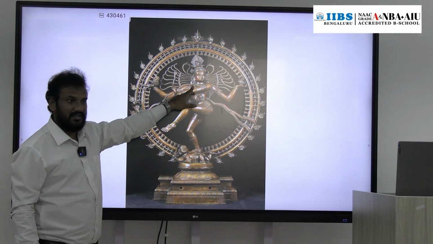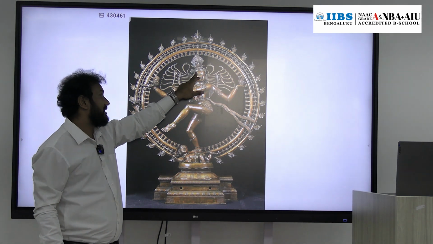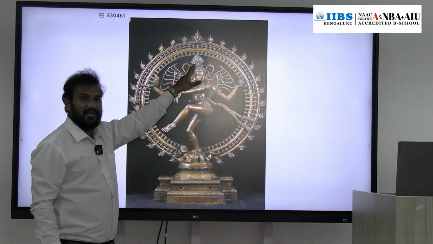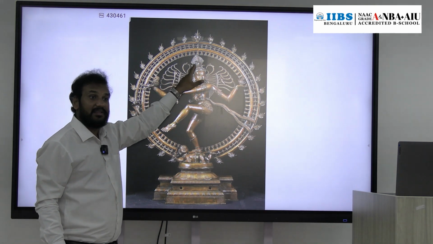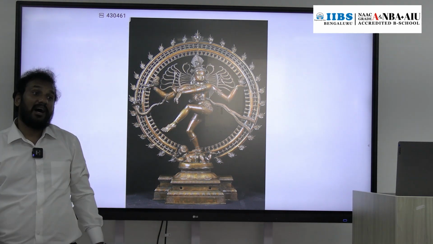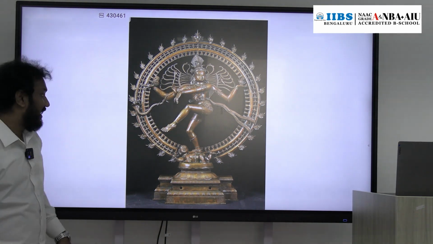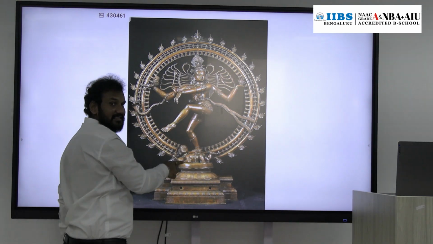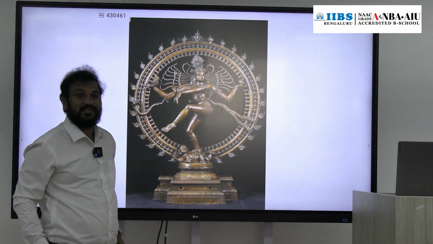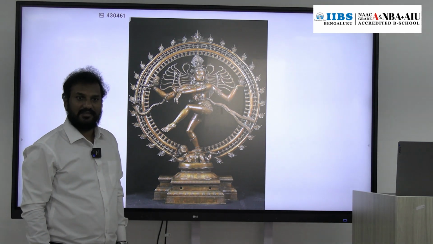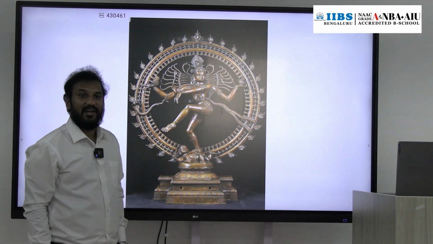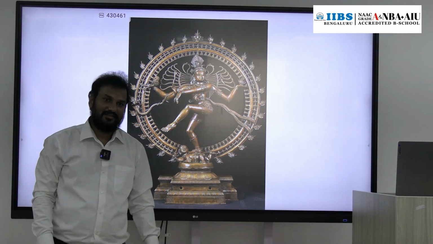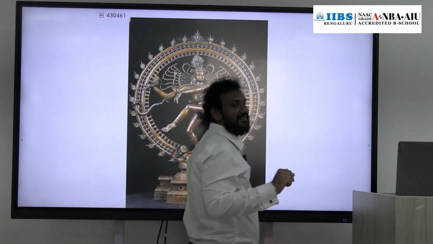Above his head, there is a matted hair lock, where Ganga is, which signifies irrigation to the earth. And this circle of fire is infinite. It shows the cosmic cycle of creation and destruction. So this is the significance of Nataraja sculptures.